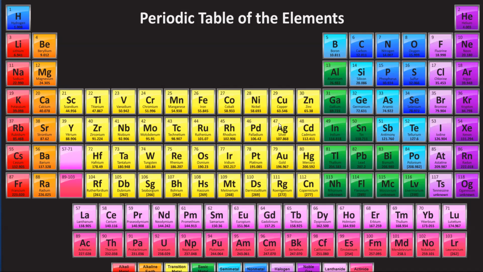And you can see that its valence shell is going to be much farther out from the center because it's got more shells, and I think it only has one or two valence electrons.